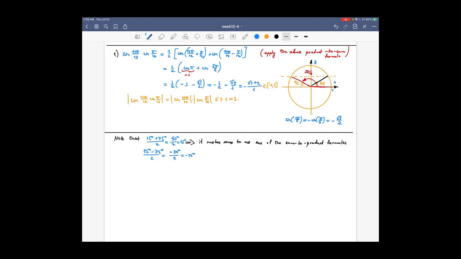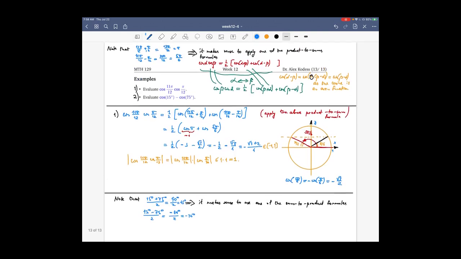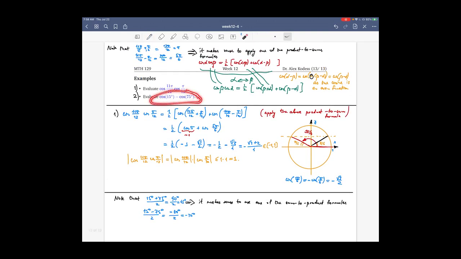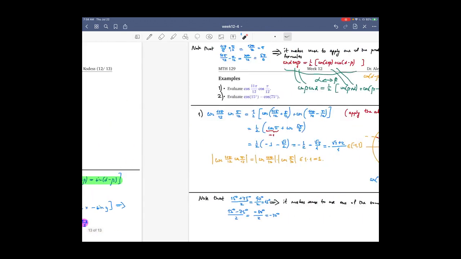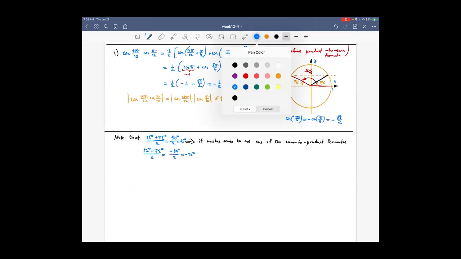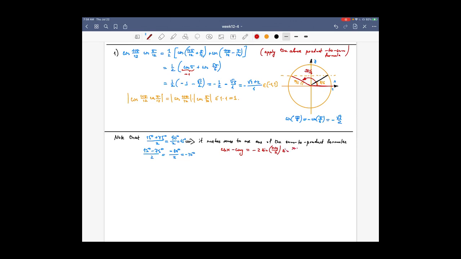So which formula should we use? We have here a difference of two cosines. That is this formula. So the formula is cosine x minus cosine y equals negative 2 sine of half the sum times sine of half the difference.